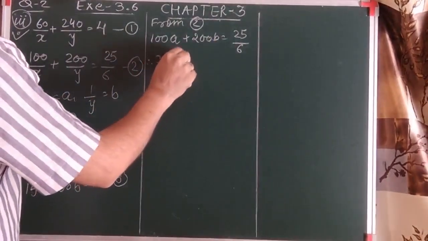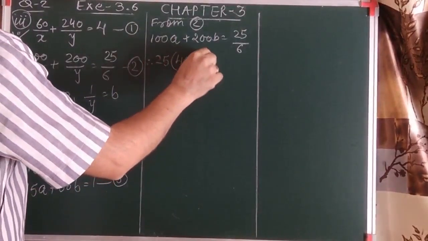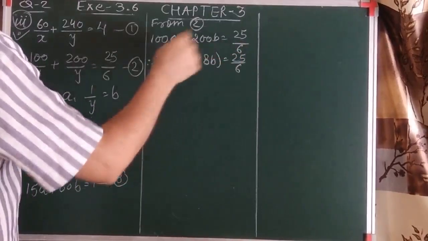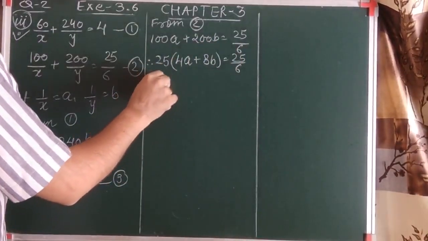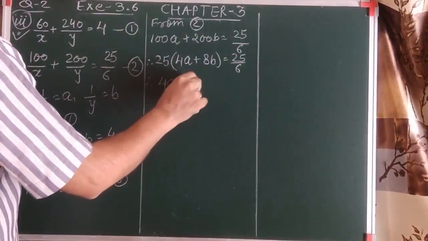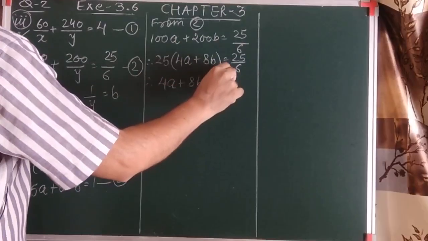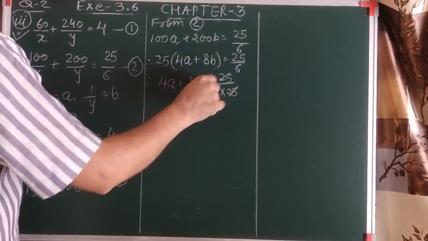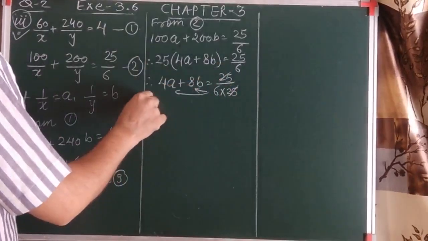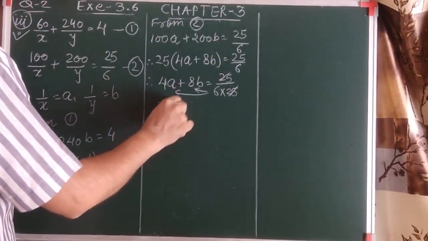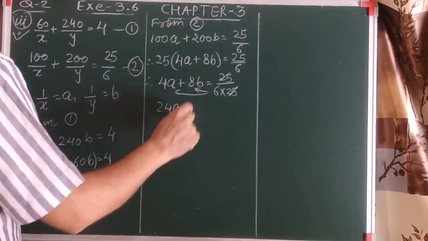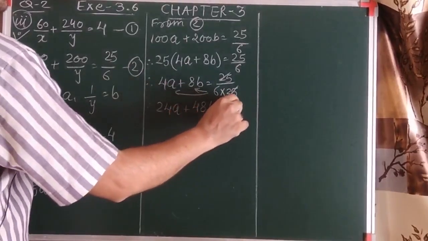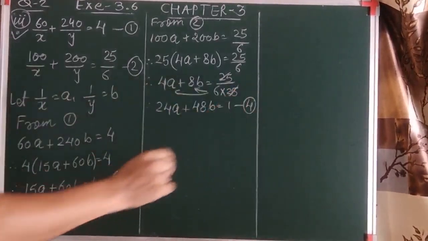You can also do it first, that will also work. 4a plus 8b is equal to 25 by 6. If I take this 25 to the right hand side, it must come in the denominator, so 25 would be cut. Now I'll take this 6 to the left hand side to multiply. So 6 4s are 24 and 6 8s are 48. So this is the equation number 4 we obtain.